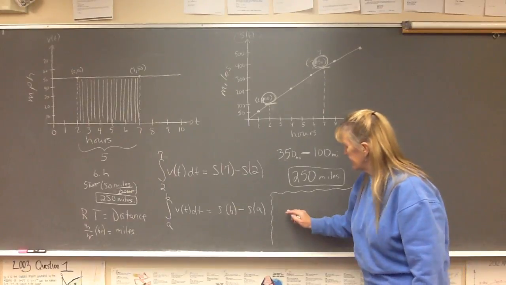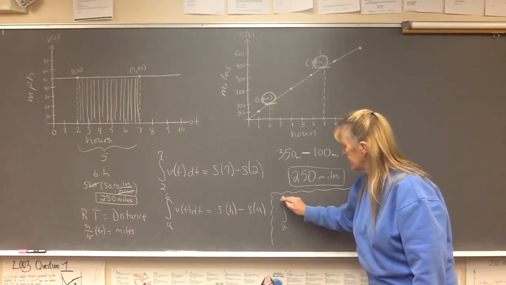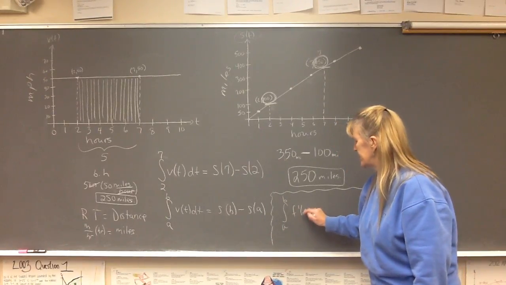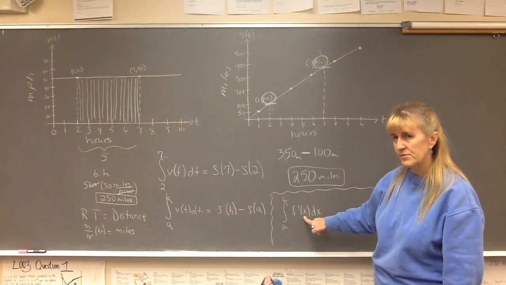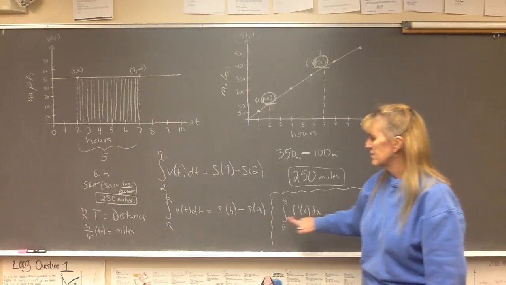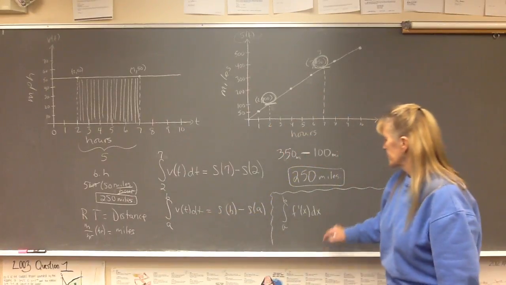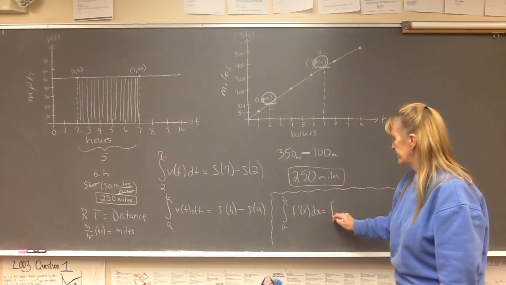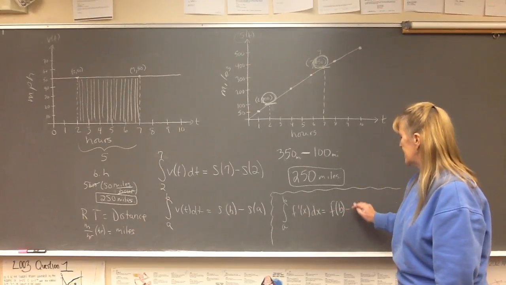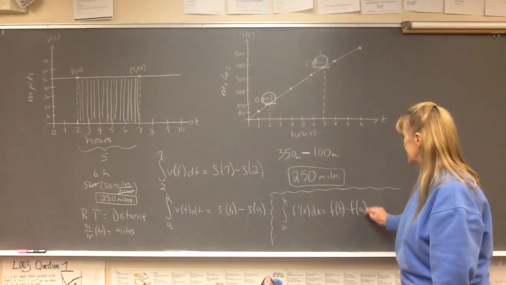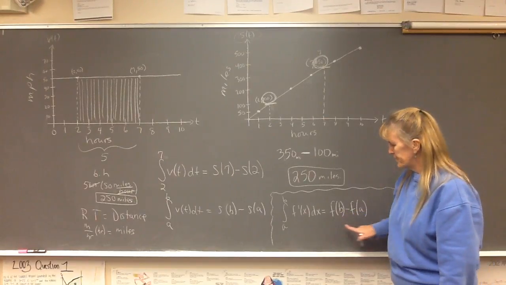You can take the integral from A to B of any derivative function with respect to whatever the function is written in terms of. Notice I've switched to x as opposed to t's. And that's going to equal the original function evaluated at the upper limit minus the original function evaluated at the lower limit.